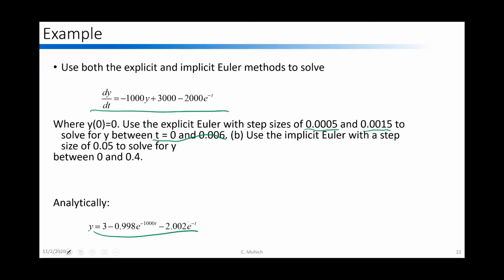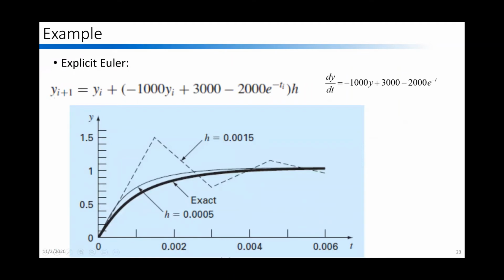Just because it's going to take a lot of time to take such small steps, I'm going to plot this out for you. The explicit Euler's equation would look like this: y_{i+1} equals y_i plus (-1000 y_i plus 3000 minus 2000 e^(-t)) times h. If I look at that first rather rough method of interpolation, we can see that we have this bouncing function. I have these oscillations.